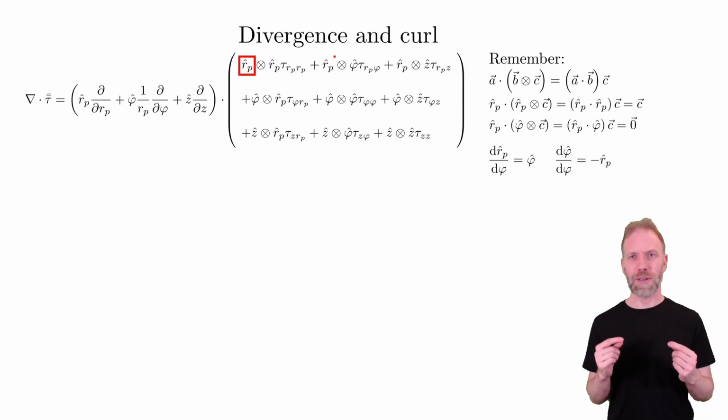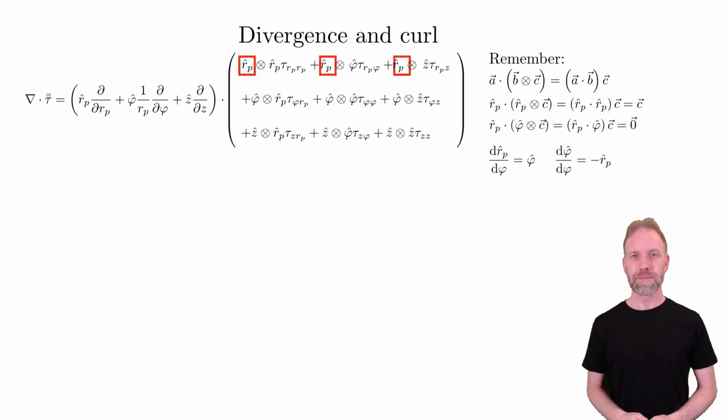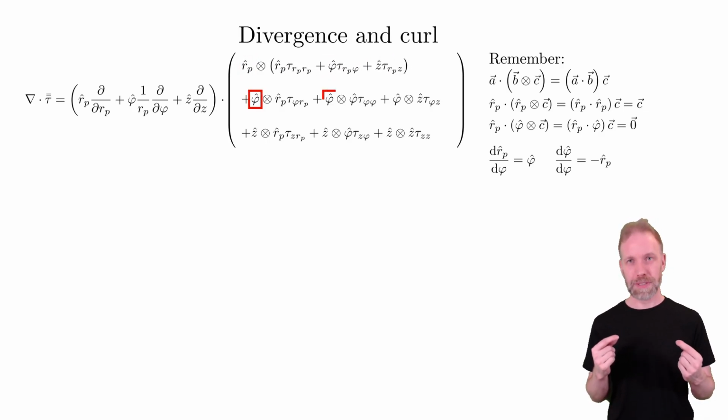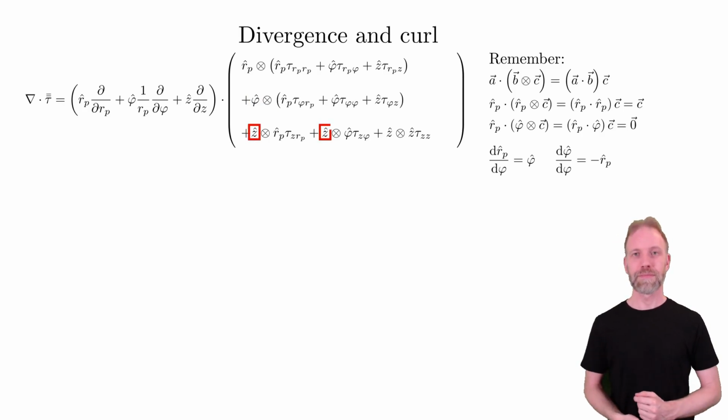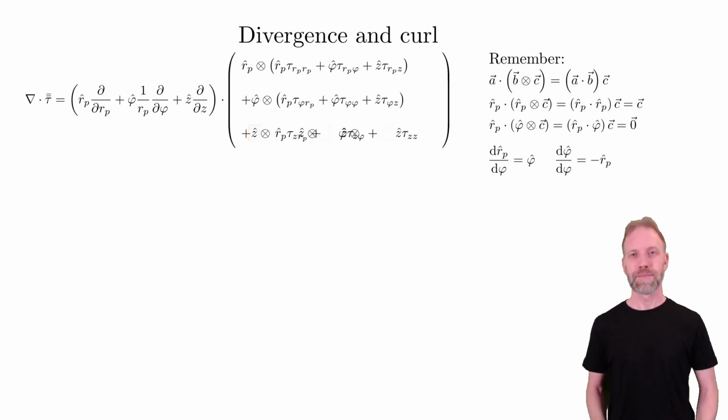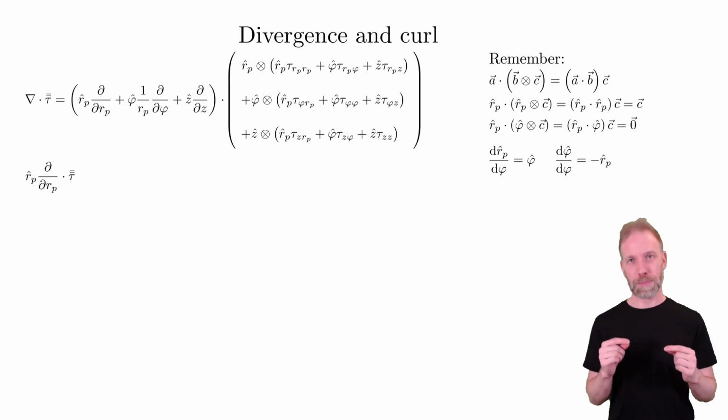Let us collect all terms starting with rp hat. Collect all phi hat terms as well, and the z hat terms. Let us do this calculation part by part.